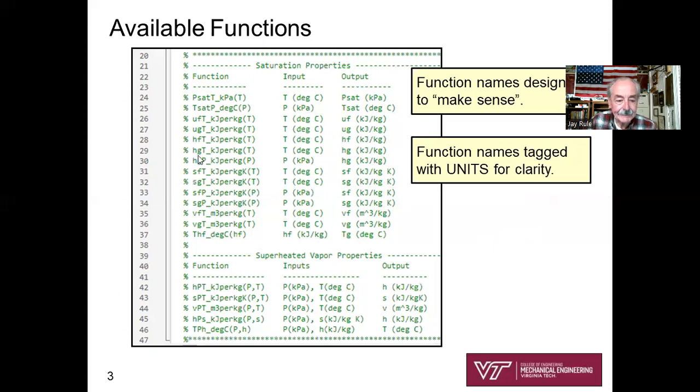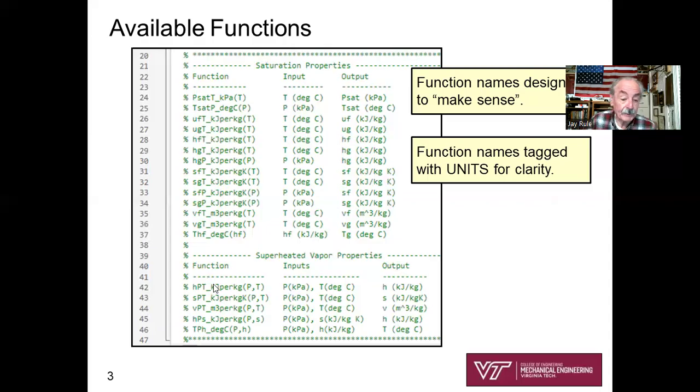So what that is, H enthalpy, G, of saturated vapor at temperature T, HGT, H sub G at temperature T. So you can see over here, the input is T in degrees C, and the output is H sub G in kilojoules per kilogram. So I think you see the idea here.